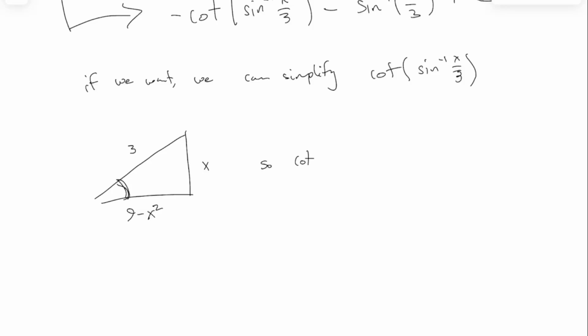Cotangent is adjacent over opposite, the reciprocal of the tangent. So that's this divided by that. So this is the square root of 9 minus x squared, over x, with x on the bottom. That's the cotangent of that angle.